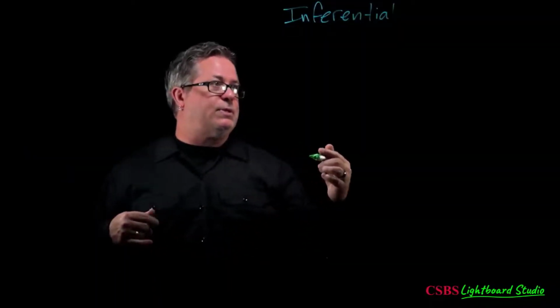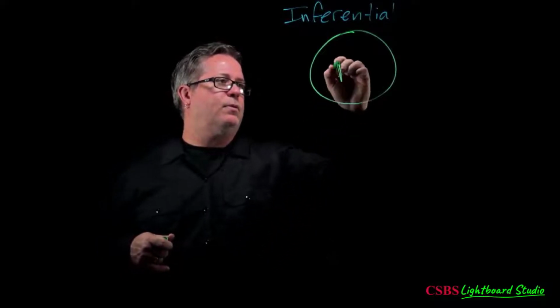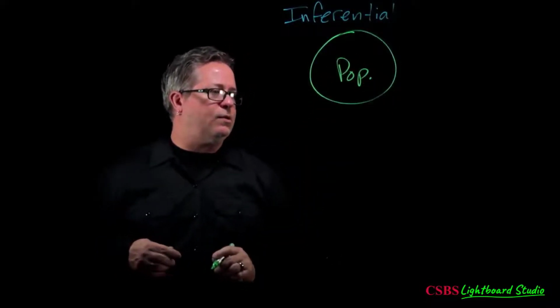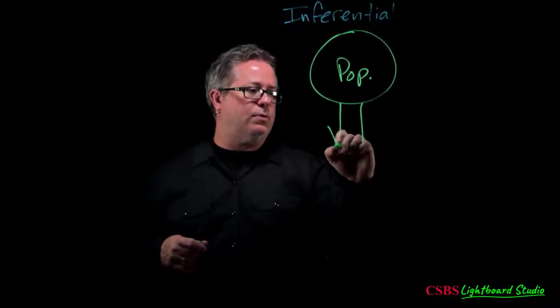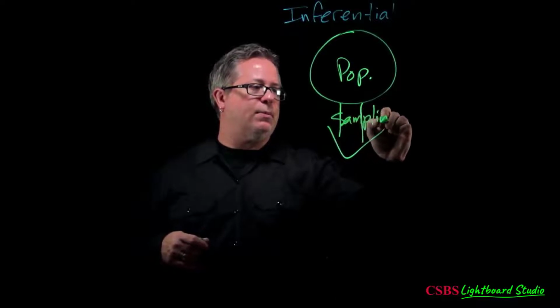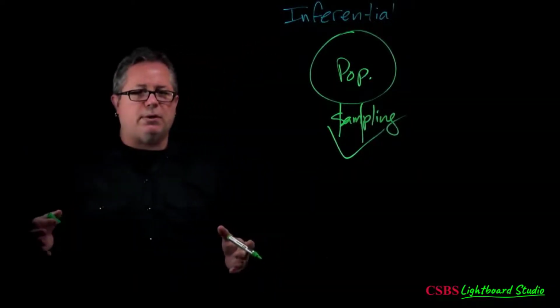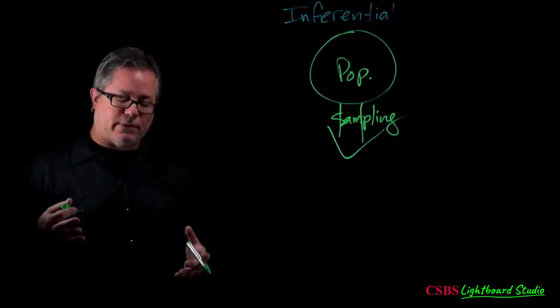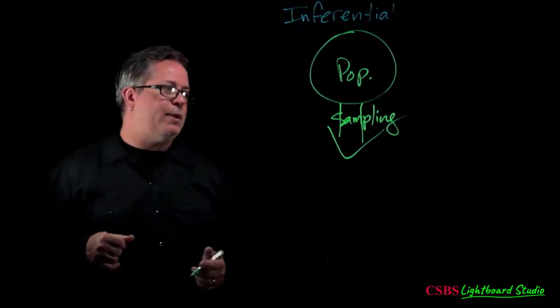With inferential statistics, you have a population like this, and from that population, we're going to sample. We're going to use some sampling technique, which is more like a 321 or a 692 if you're taking the research methods class in the grad program.